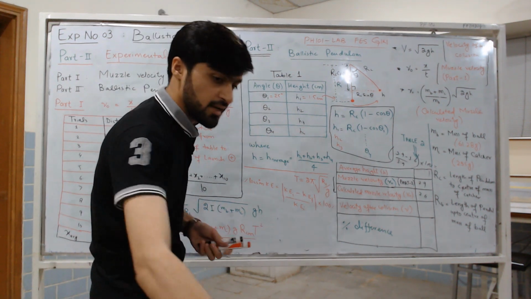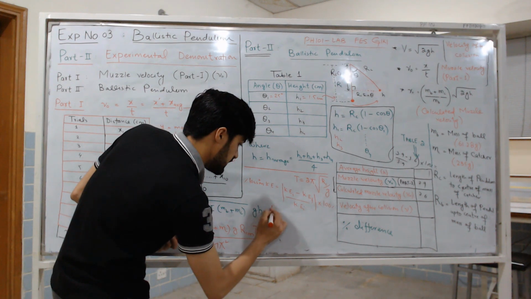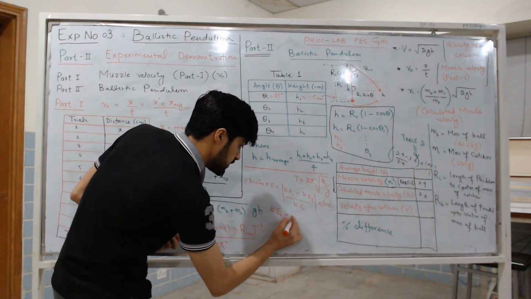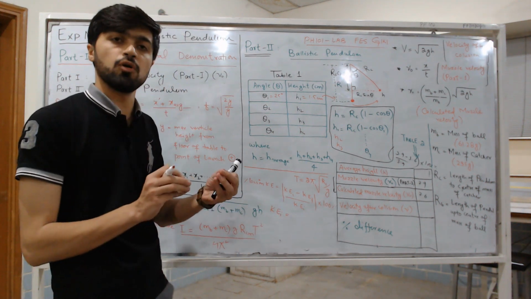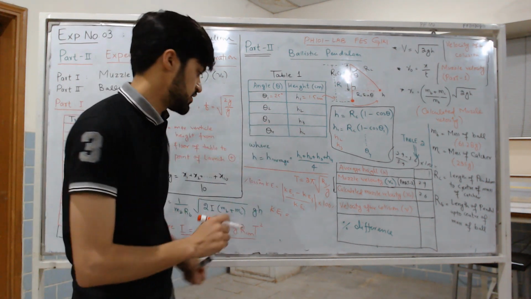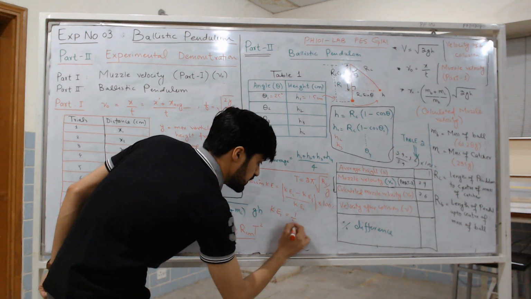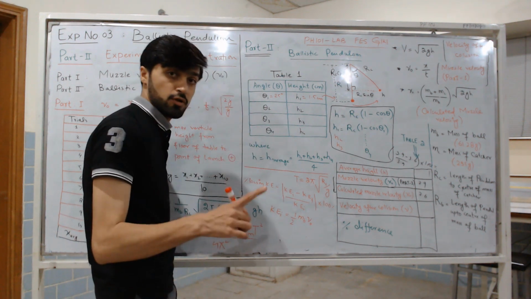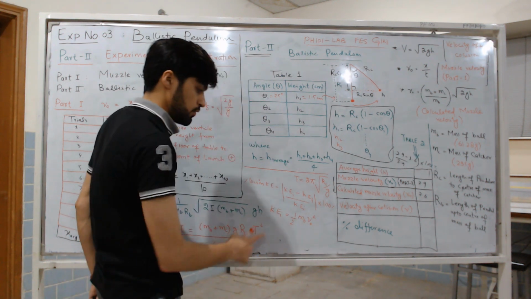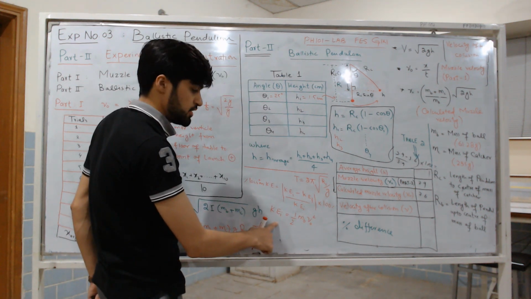For the initial kinetic energy, it is before the collision, so the ball is not inside the catcher. So the kinetic energy will be half m v squared, where v is the muzzle velocity. So you will get the initial kinetic energy from here.